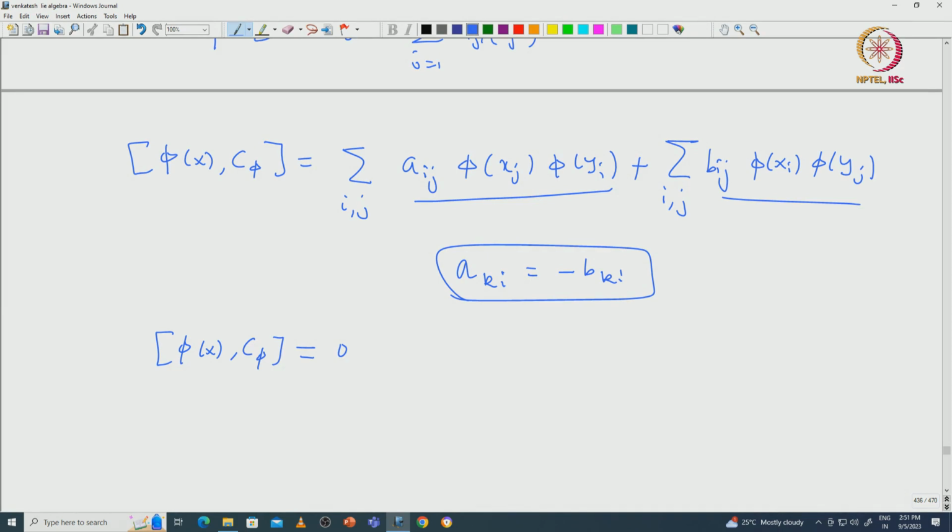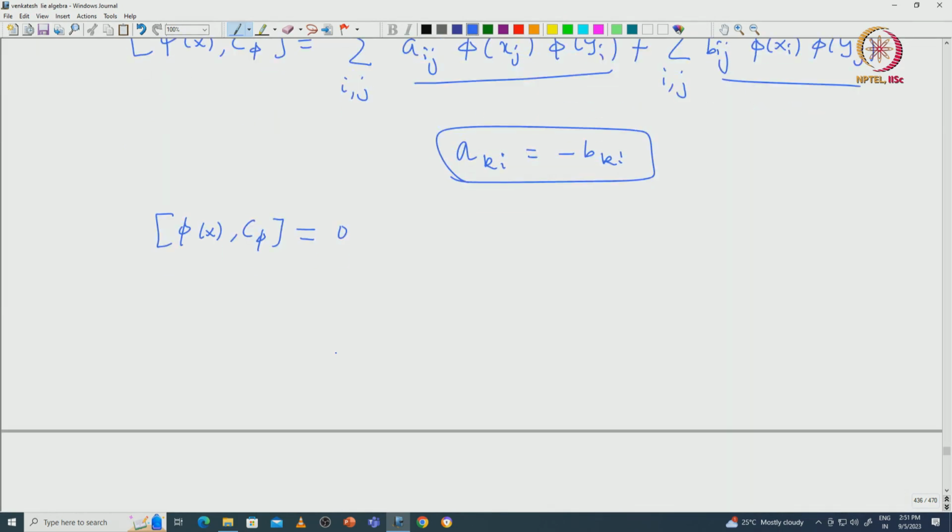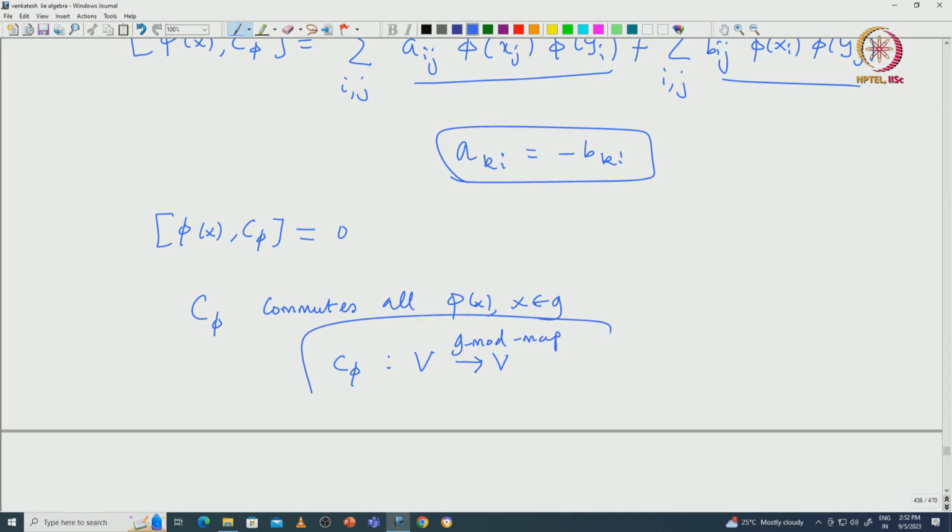Using this we can easily conclude that C pi commutes with all the elements pi of x, where x is in G. That means C pi defines a G module map from V to V. Okay. This is a very important observation.